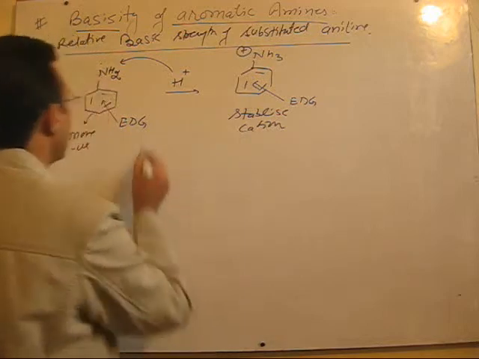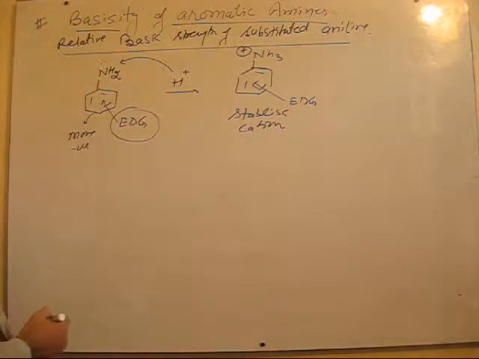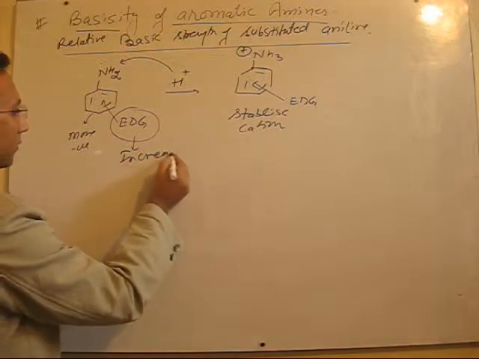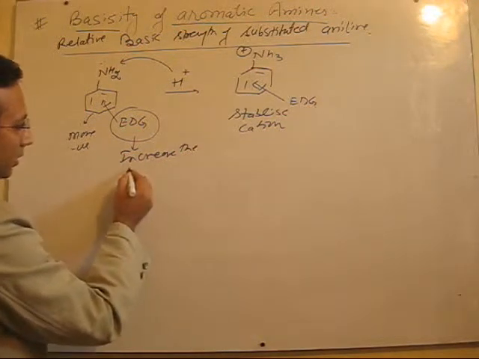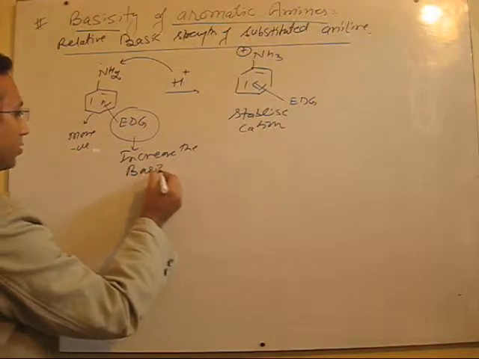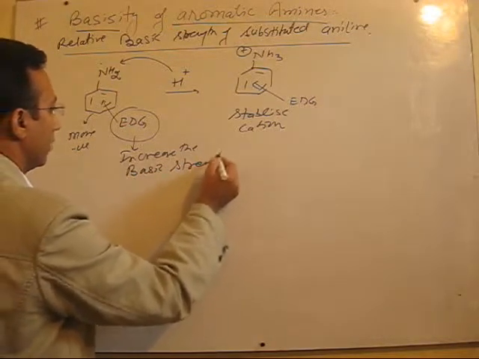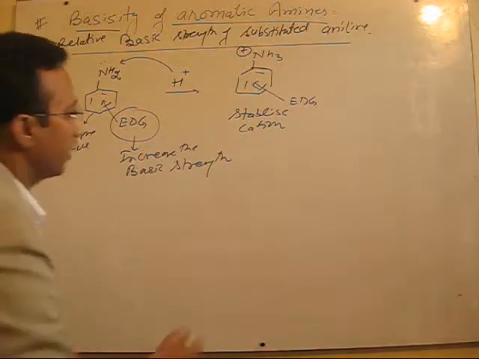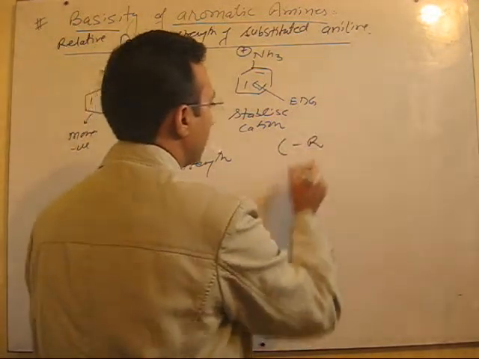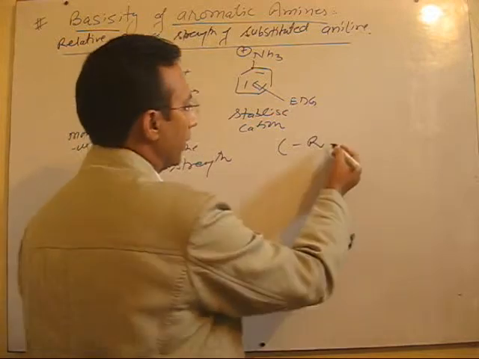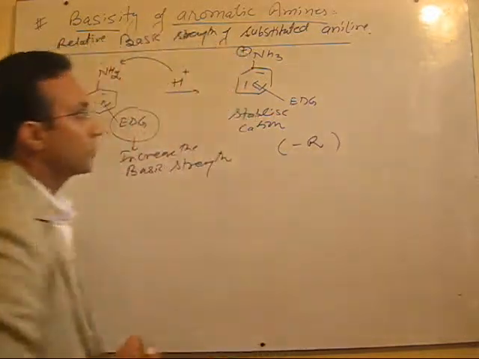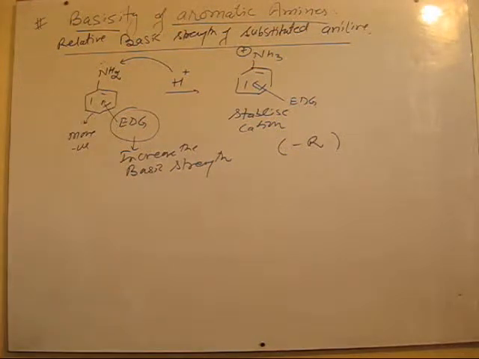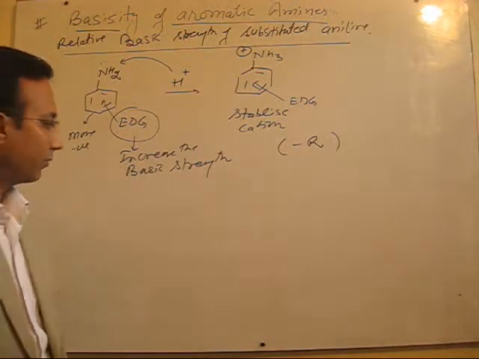So as a result, if these groups are present in the ring in case of aniline, then they are going to increase the basic strength of aniline. Fine. So we have groups like alkyl groups present. So these alkyl groups are going to increase electron density on nitrogen. As a result, the basic strength is more as compared to aniline, right?